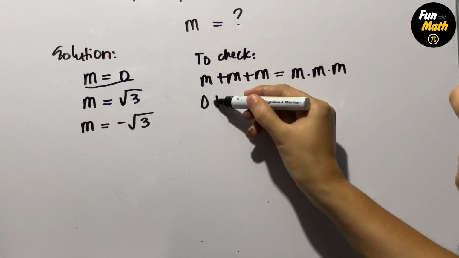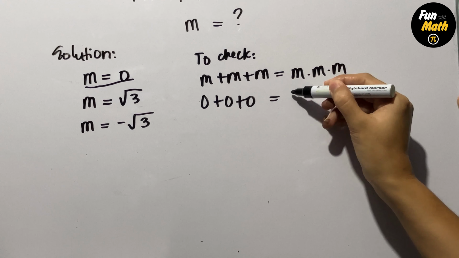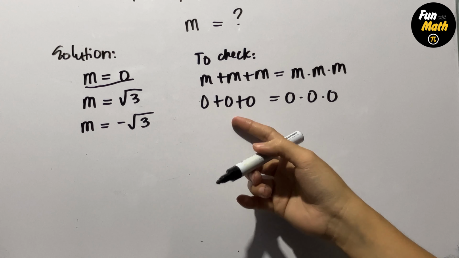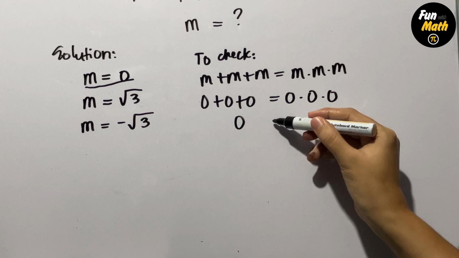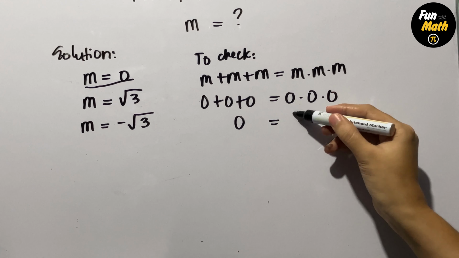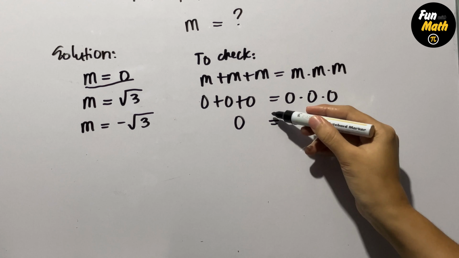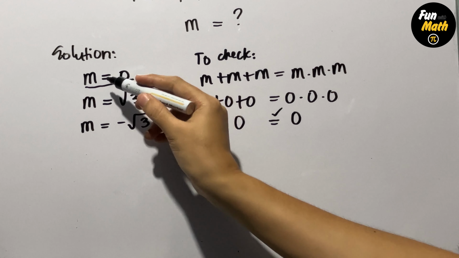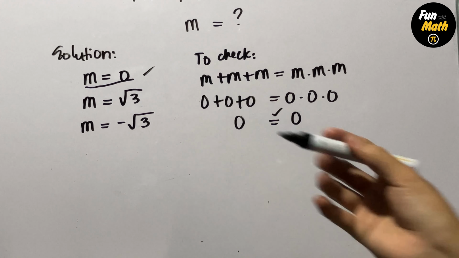So 0 plus 0 plus 0 equals 0 times 0 times 0. So 0 plus 0 plus 0, that is equal to 0, equals 0 times 0 times 0, that is 0. So they are equal. That means this value of m, which is equal to 0, is correct.